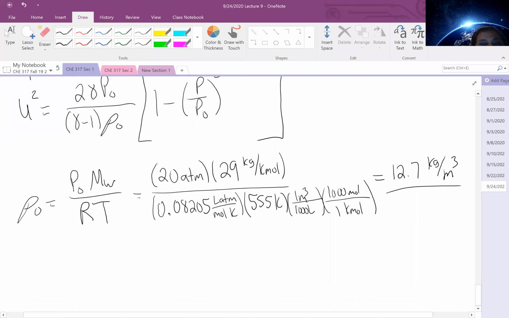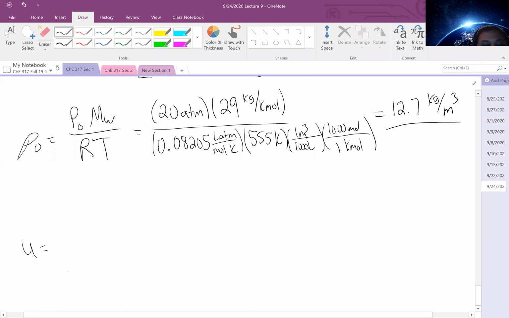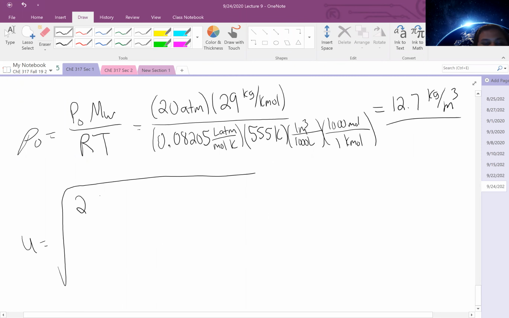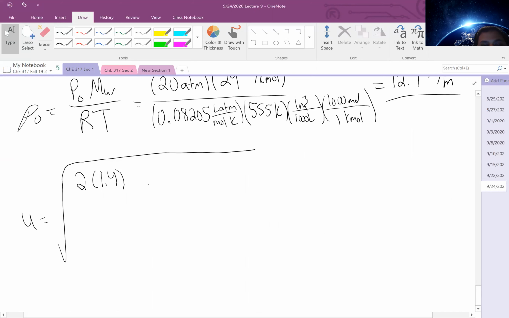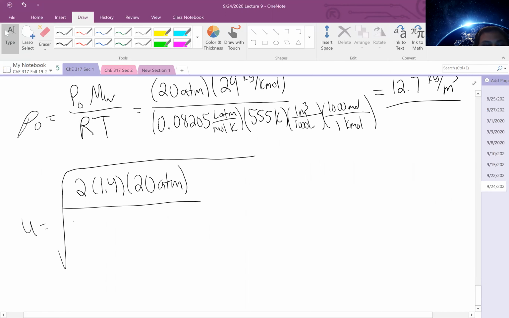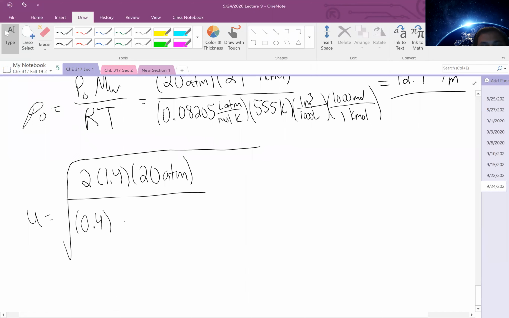All right, so in order to solve for the velocity, we have to take the square root of equation 6.26. So we end up with the square root of 2 times gamma, which is 1.4, times our P naught, which is 20 atmospheres, divided by gamma minus 1, which is 1.4 minus 1, or simply 0.4, times our initial density, which we just solved for, of 12.7 kilograms per cubic meter.